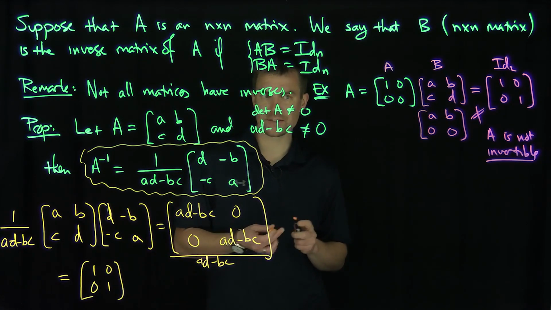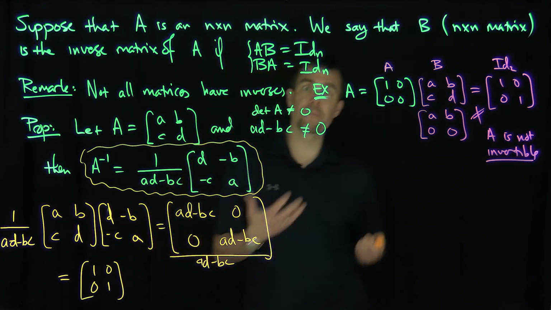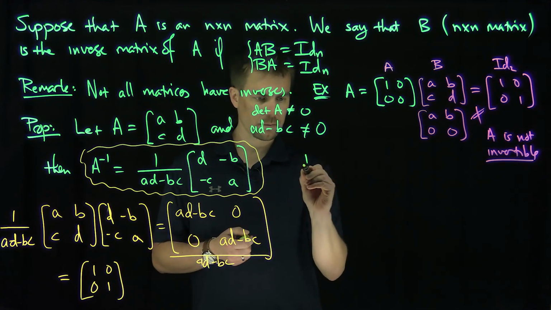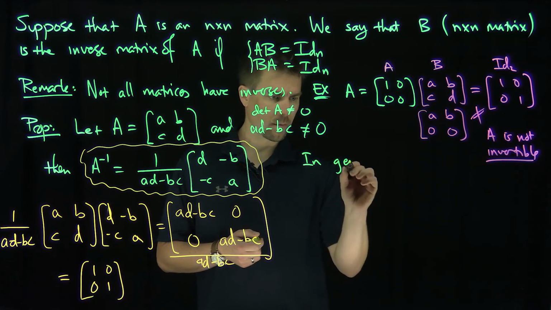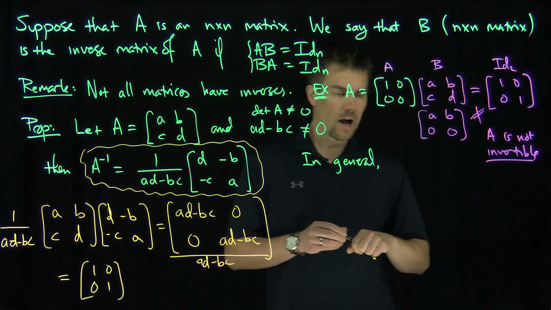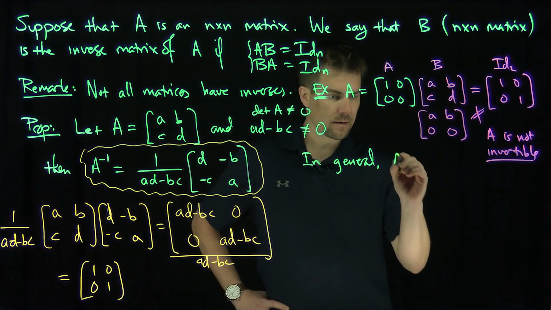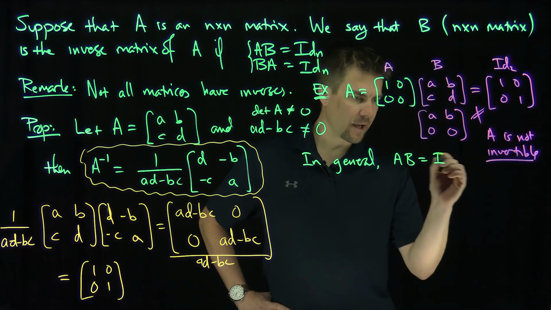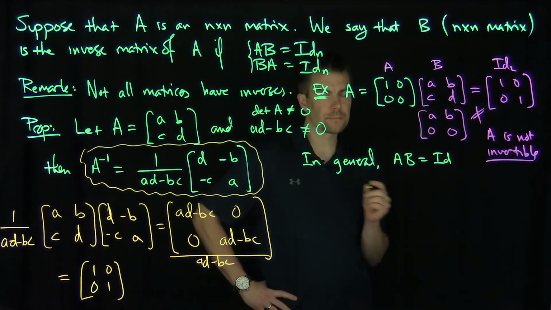Excellent. Now the question becomes, how do I determine if the matrix A is invertible in general? In general, what do we want? I want to find a matrix B such that A times B is the identity matrix, like so.